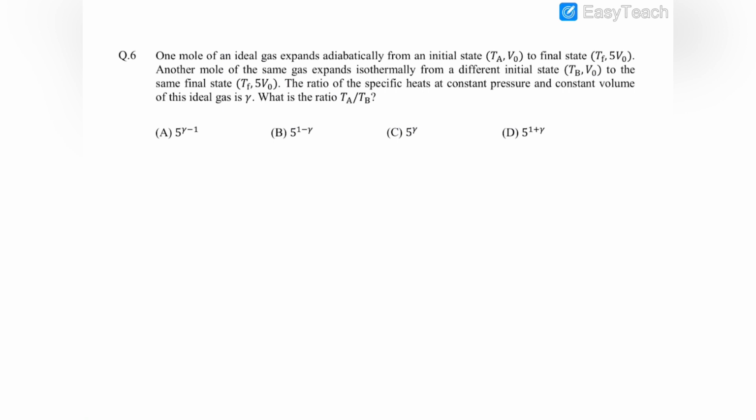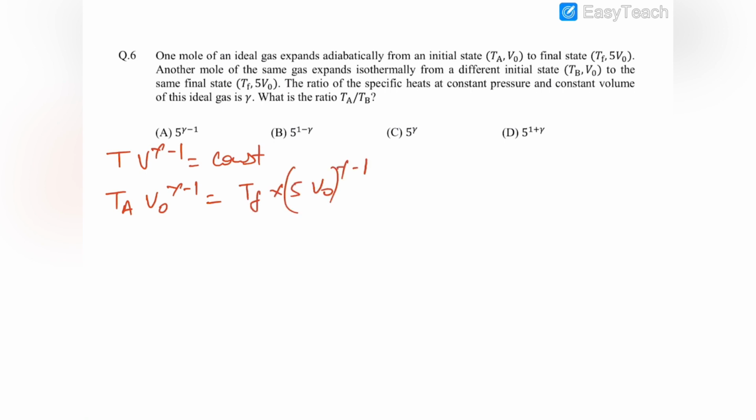So first of all, in the adiabatic process, we know that T V to the power gamma minus 1 is equal to constant, and hence Ta V0 to the power gamma minus 1 is equal to Tf into 5 V0 to the power gamma minus 1. So you can see that Ta is equal to Tf into 5 to the power gamma minus 1.